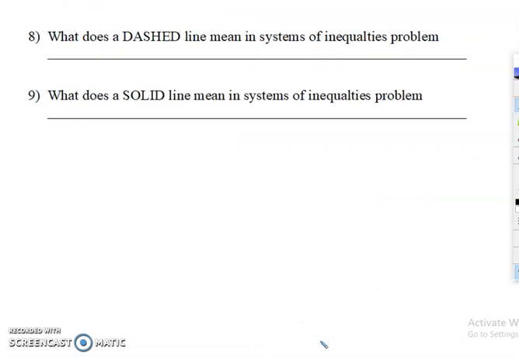All right, number 8. What does a dashed line mean? Remember when we did greater than and less than, and they were open? This is the same thing. Now we're graphing lines, and if it is one of these, it is dashed.